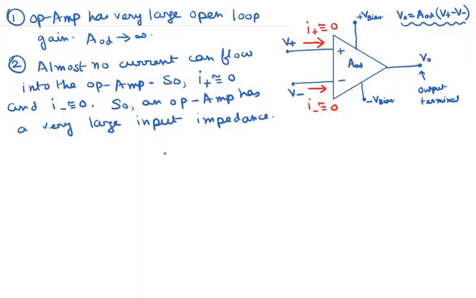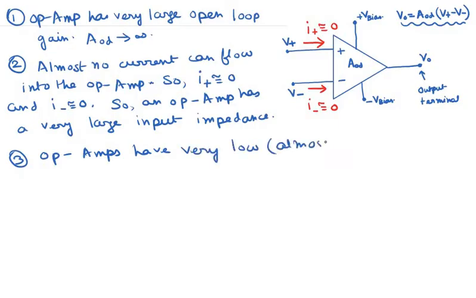The third property is that op amps have very low, almost zero, output impedance.